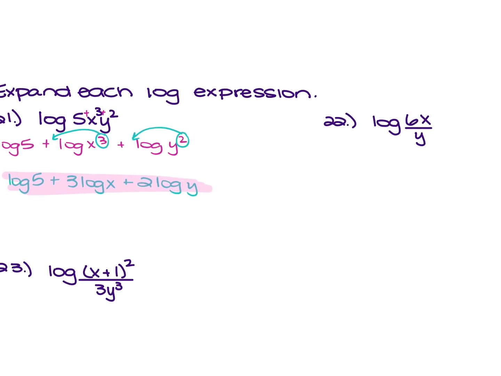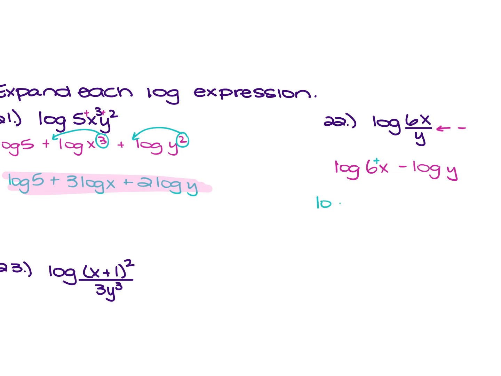For 22, you have log of 6x divided by y. Undo your division first, so separate it with subtraction. That's going to give you the log of 6x minus the log of y. Next, you can just separate the 6 and the x with the addition because they are being multiplied by one another.